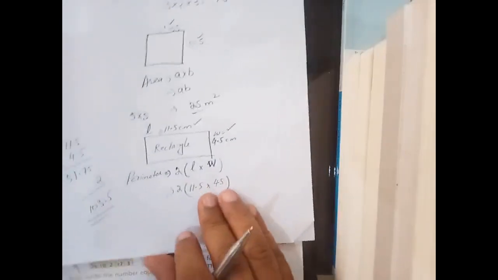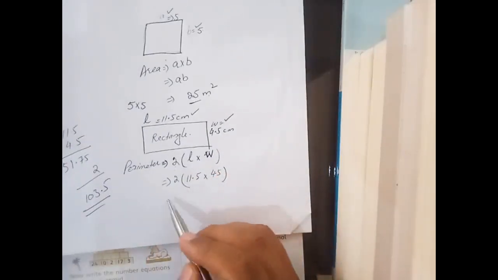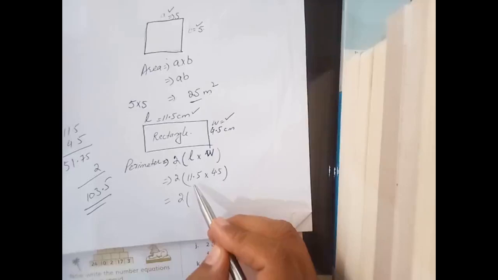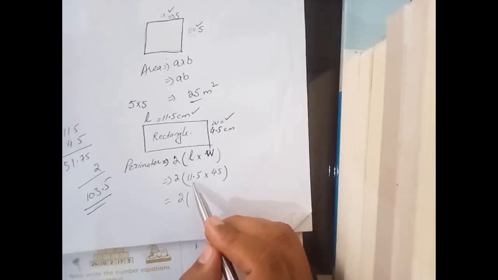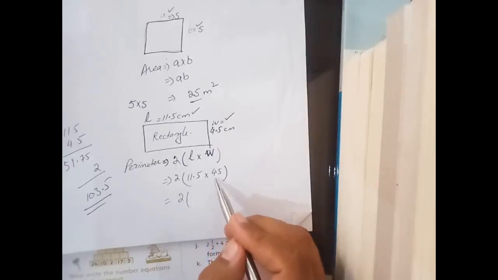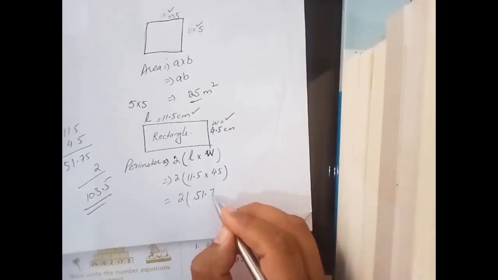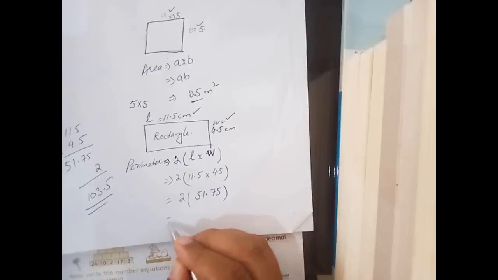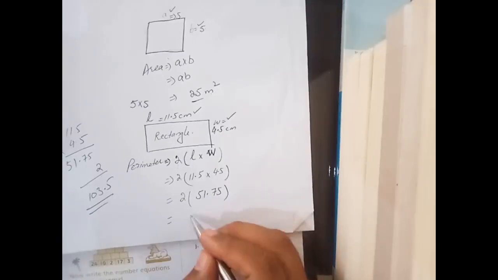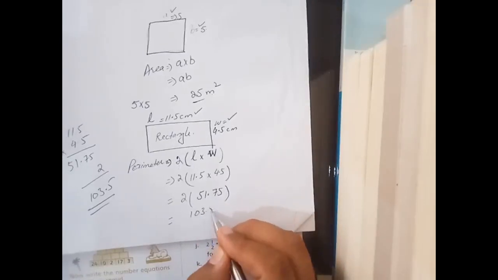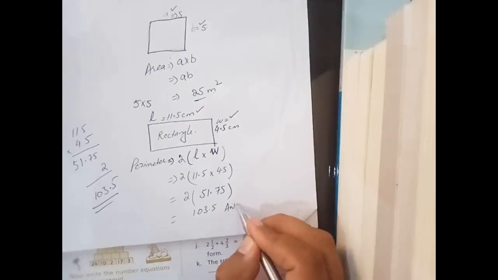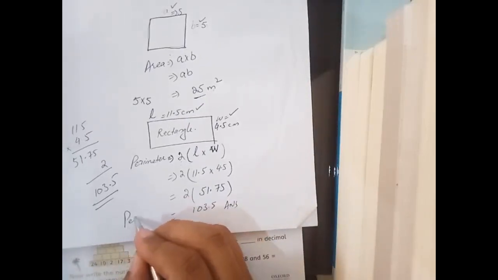Now we can use a calculator to find the answer after multiplying 11.5 multiplied by 4.5. The answer would be 51.75, and if we multiply it by 2, this is the answer we get, right? And that is the perimeter of the rectangle.